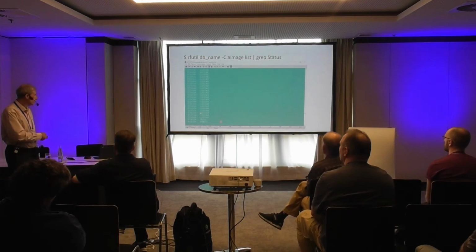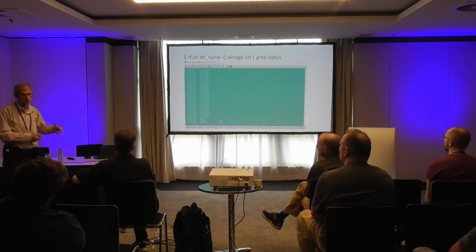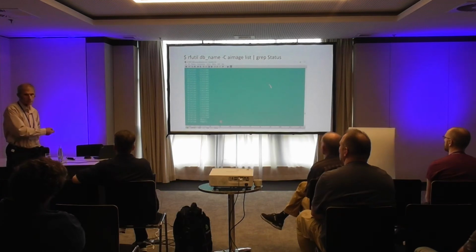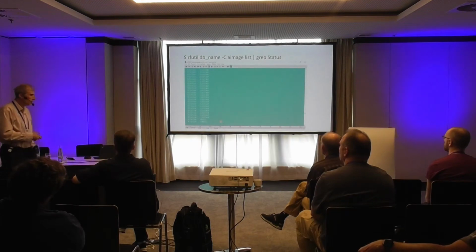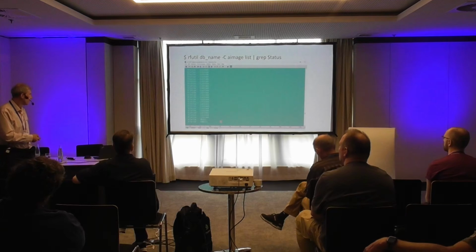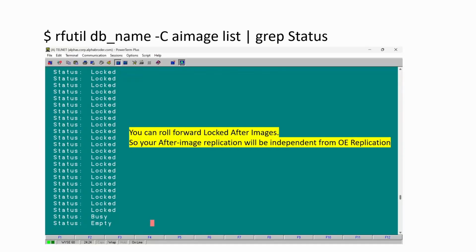So you can copy these files and apply them to after image replication without waiting for them to become full. Basically, the difference between locked and full matters for OpenEdge replication, but it means nothing for after image replication. That's still a full file, which you can apply without waiting for it to become full. You can roll them forward.